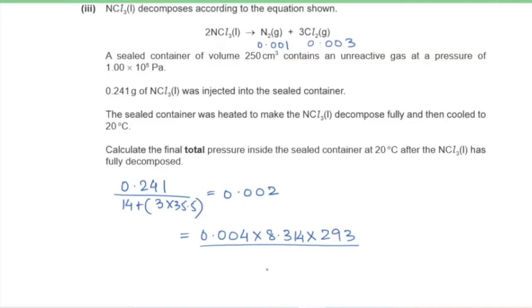But remember, we have to convert centimeter cube to meter cube, so 250 divided by 100 to the power 3, and we are going to have our increase in pressure as 3.9 times 10 to the power of 4 pascals of pressure.